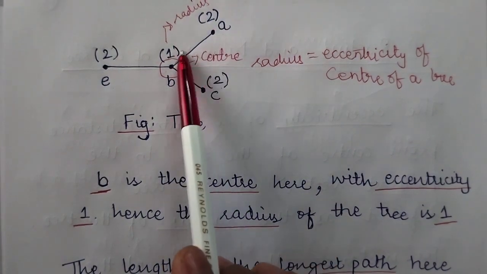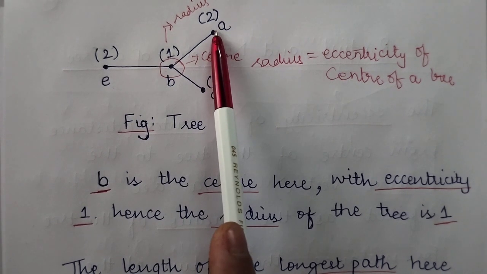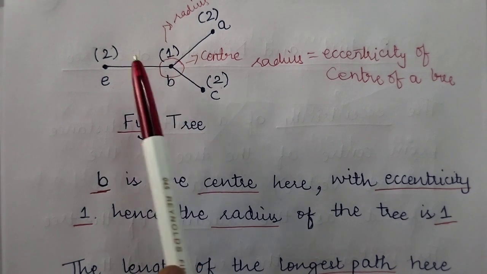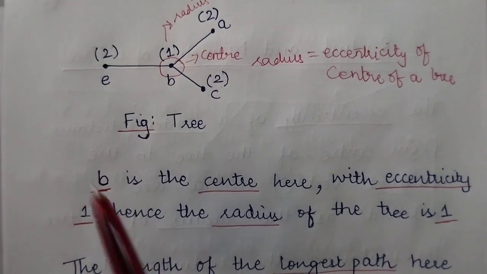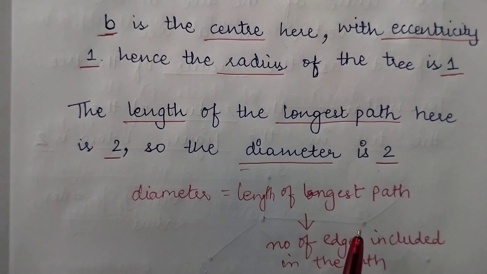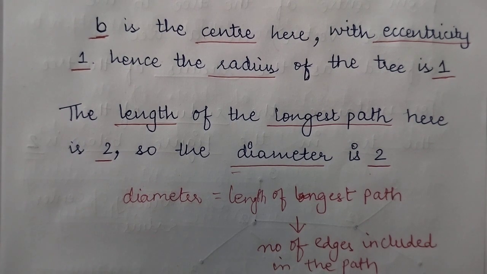So all other vertices have the longest path from them to any other vertex as 2. So the length of the longest path is 2. Hence the diameter is equal to 2 here, and this is how you can find the radius and diameter in a tree.